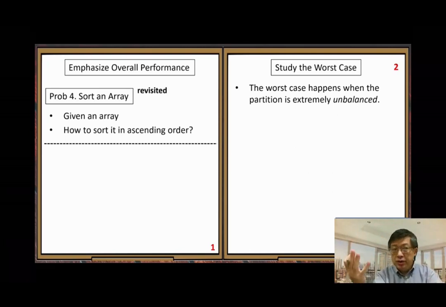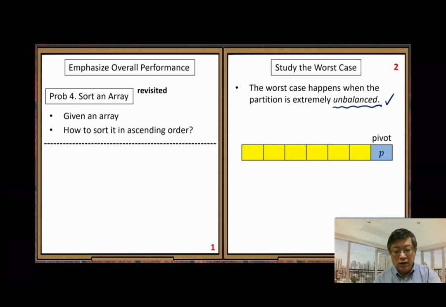So the opposite, you can get the idea, if the data is distributed in an extremely unbalanced way, then it should correspond to the worst case. Here, we try to look at that extreme case or cases.